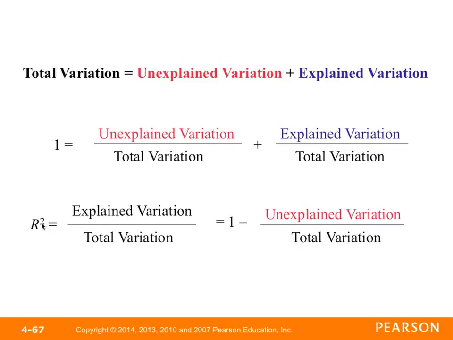Now R squared is telling us how good of a job we did. That's going to be our explained variation over our total variation. To get that, if we subtract our unexplained variation from both sides, we have explained variation over total by itself. So R squared is really just 1 minus the unexplained variation over our total.